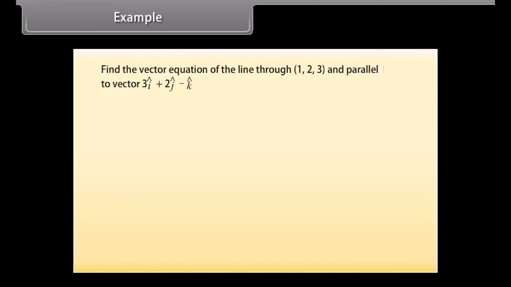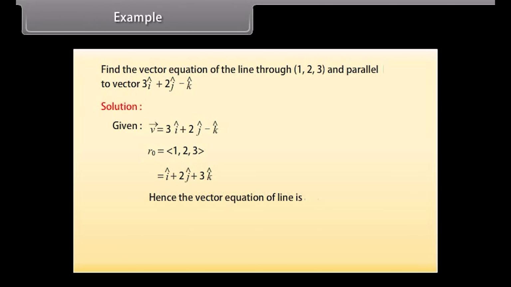Example. Find the vector equation of the line through (1, 2, 3) and parallel to the vector 3i cap plus 2j cap minus k cap. Solution. Given vector v equals 3i plus 2j minus k. Point r0 equals (1, 2, 3), which is i plus 2j plus 3k.